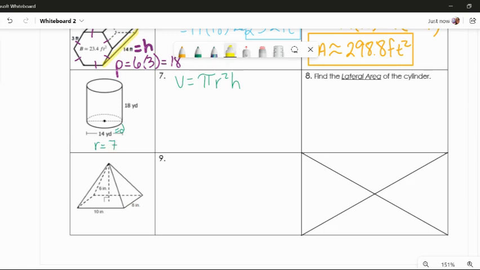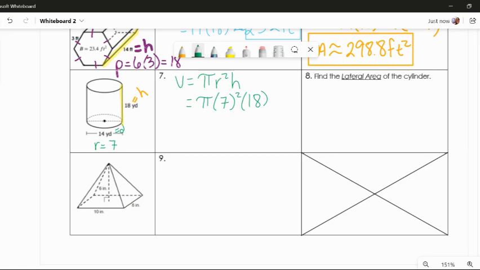The height here is the distance between the two bases. So the height is just 18. So we're ready to roll on our volume formula. It's pi times our radius, 7, squared, times our height, which is 18. Now, let's do a little calculator practice just to make sure that you're okay with this. If you need calculator help, there should be lots of people in class who can help you with that.